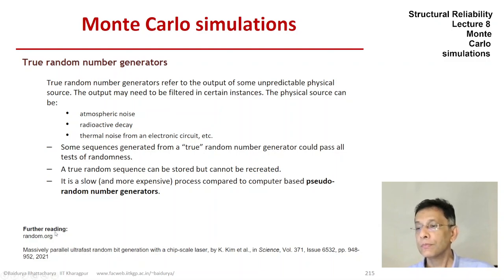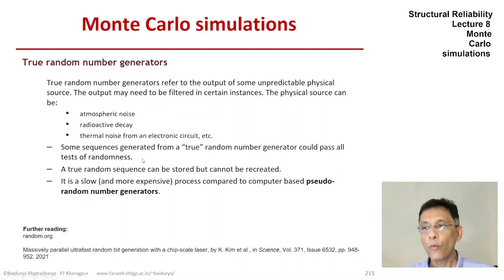So we should mention such advances. But for now, it is the computer-based pseudo-random number generators that are almost exclusively used for science and engineering applications.